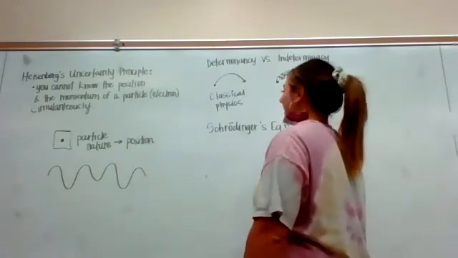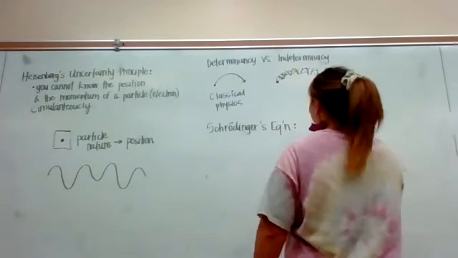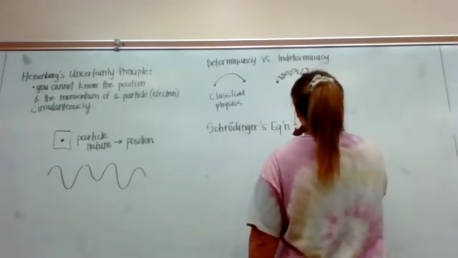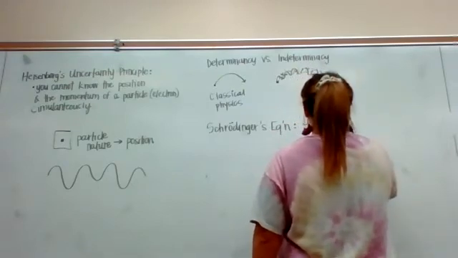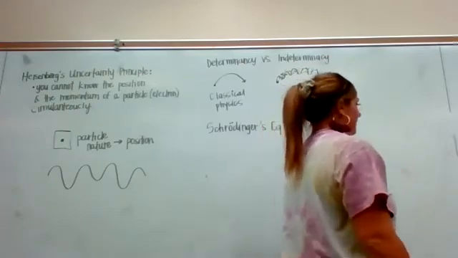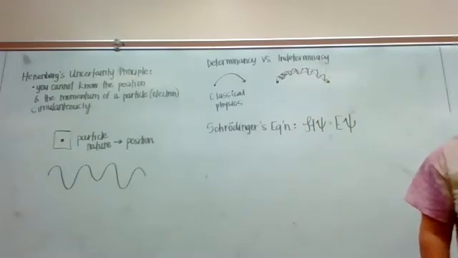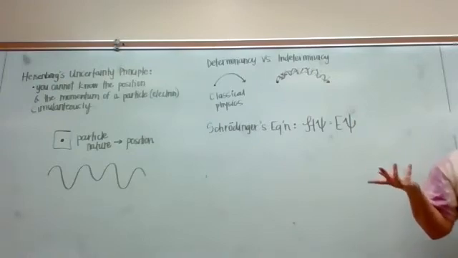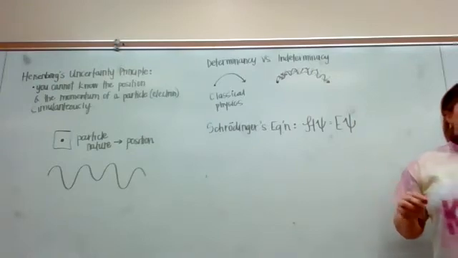So Schrodinger came up with an equation. You don't have to know it, but I'll give it to you anyway. It involves a lot of calculus. His equation just allows us to calculate the probability of finding an electron, okay?